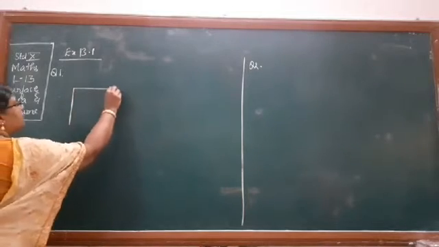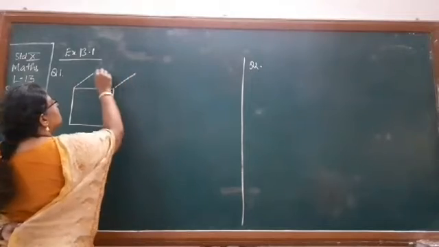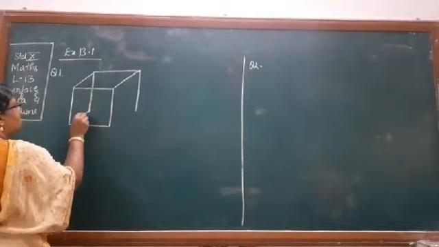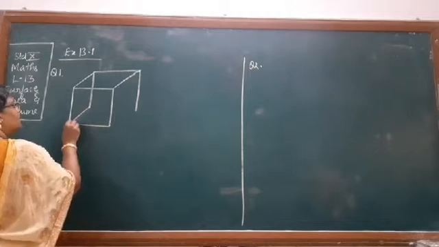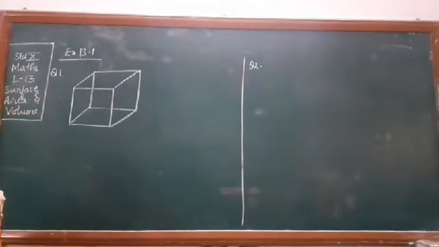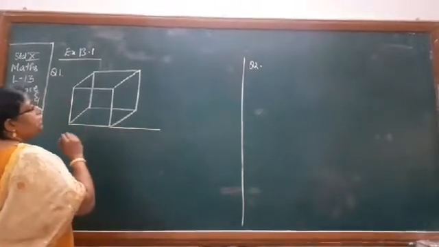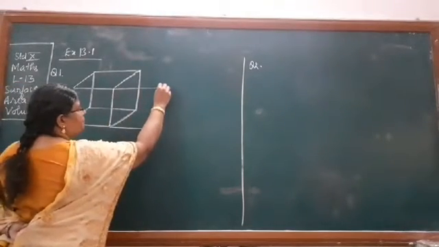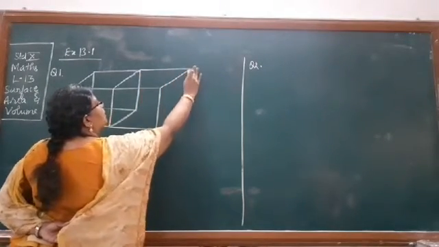Now they have said there is a cube. Let me draw a cube first. Okay, this is a cube. Now they have said that two cubes have been joined together, so let me draw the other cube also.